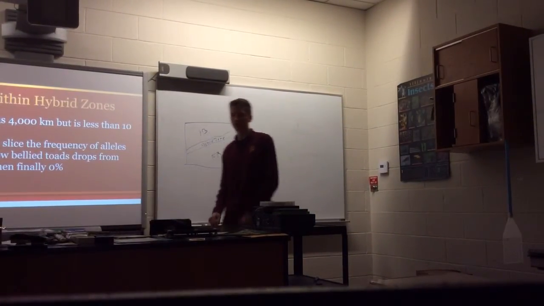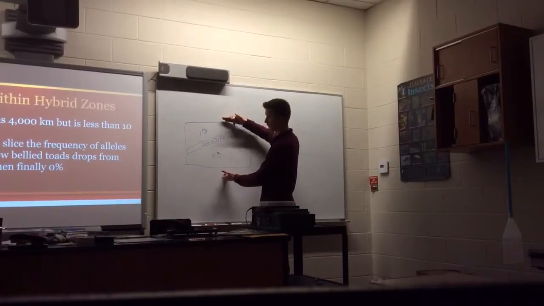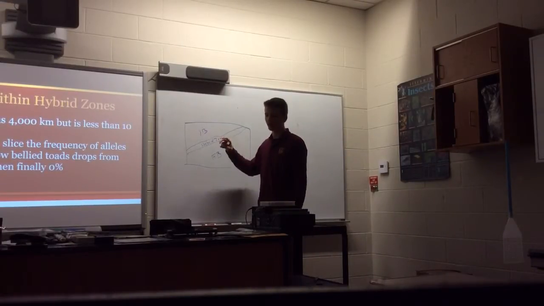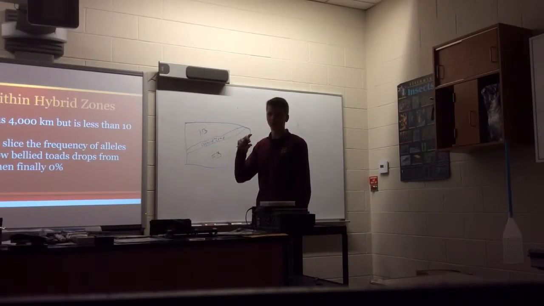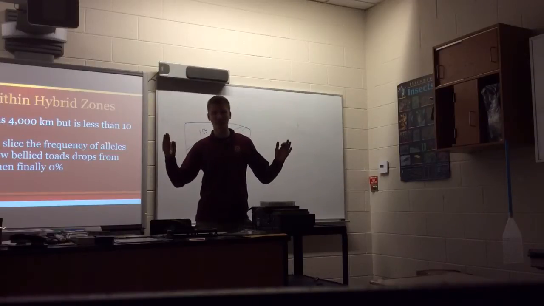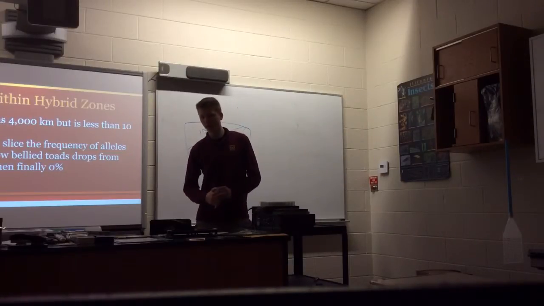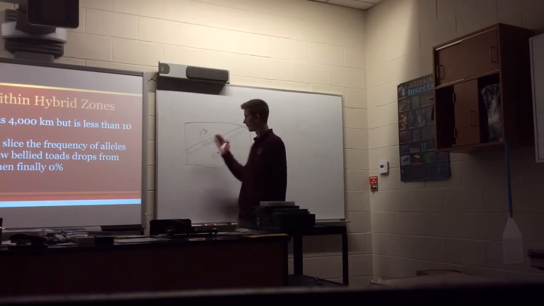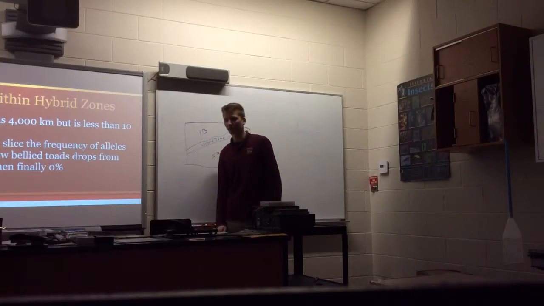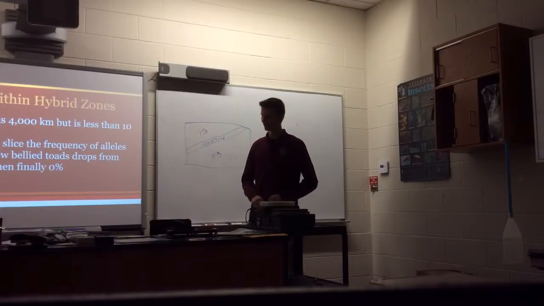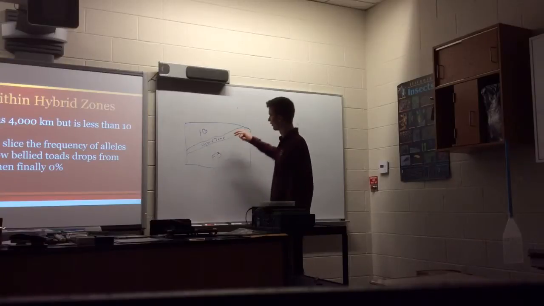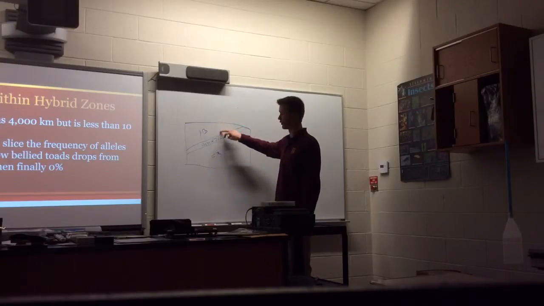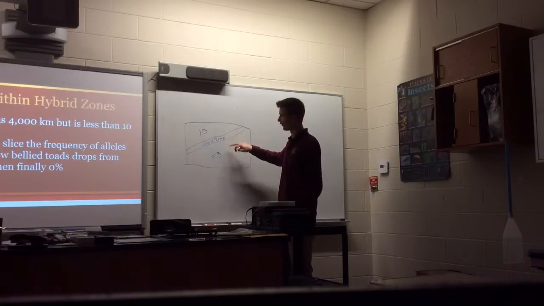The zone spans about 4,000 kilometers, but the hybrid zone can only be about 10 kilometers thick, while it can be 4,000 kilometers long. And across a given slice of this hybrid zone, the alleles of yellow-bellied toads drop from 100% in this region, to 50% yellow-bellied alleles, down to 0%.